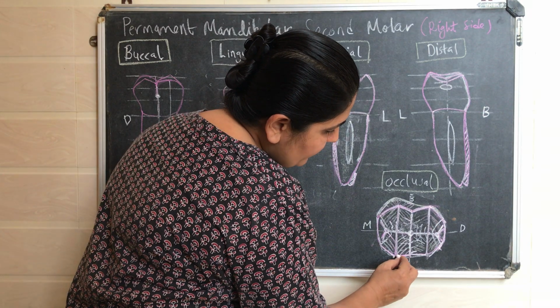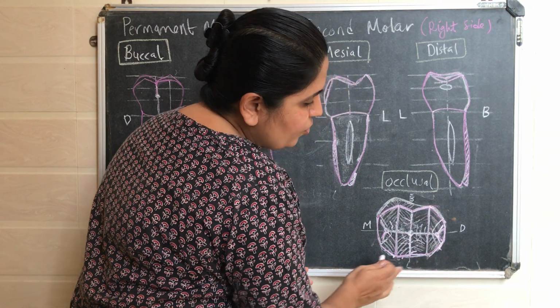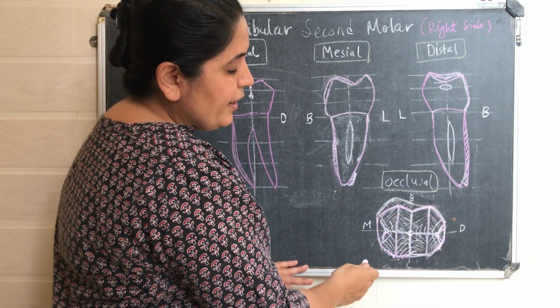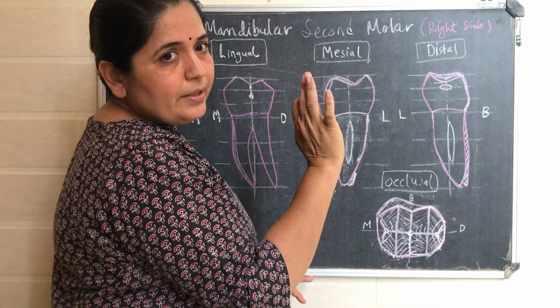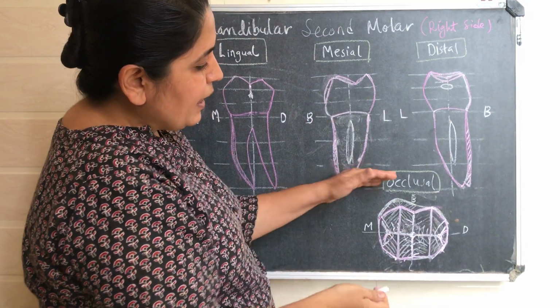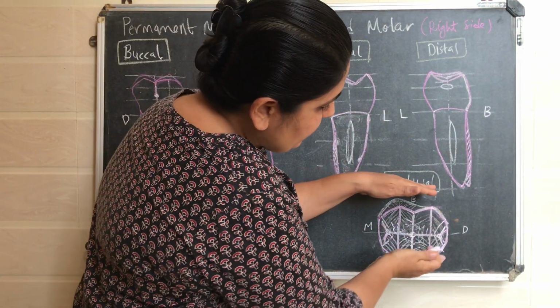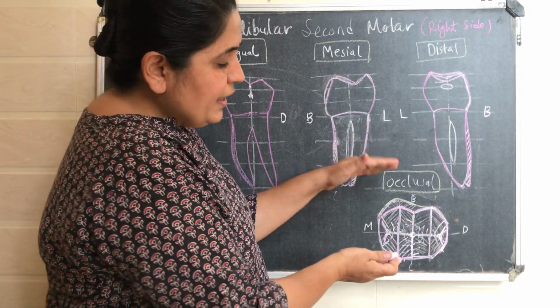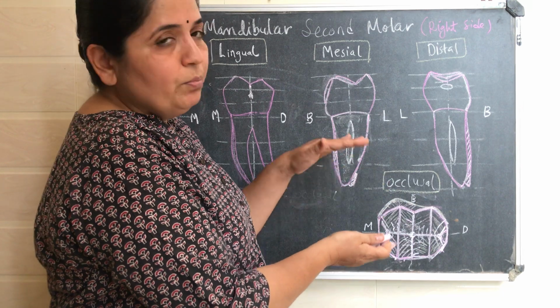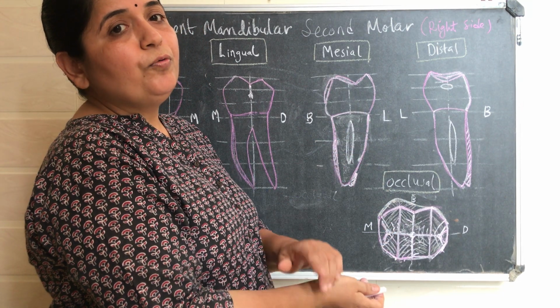The lingual surface is also inclined towards the distal side, again with more inclination. Right? So both the buccal and lingual surfaces are inclined towards the distal side, but the inclination is more as compared to the first molar.